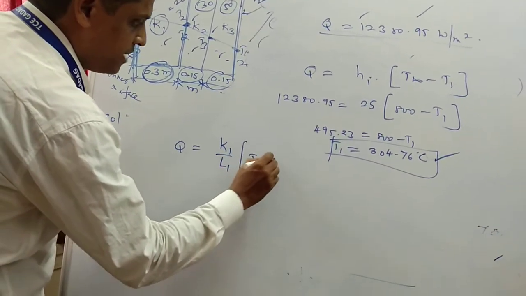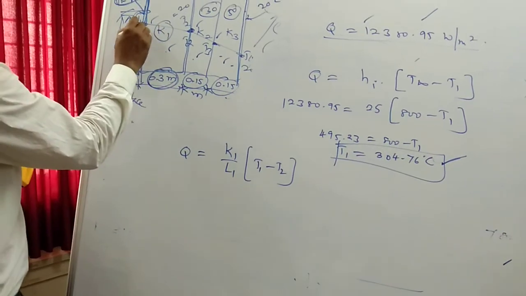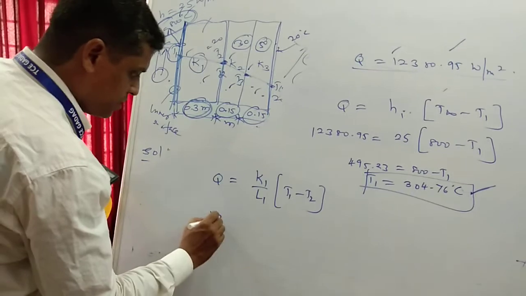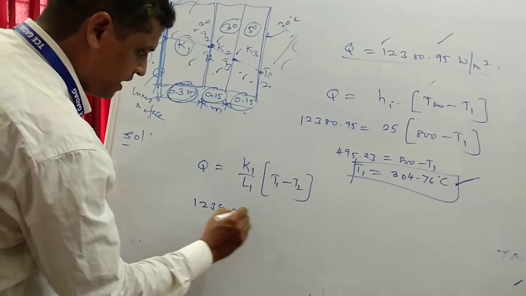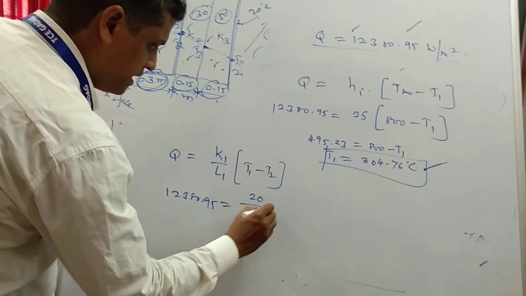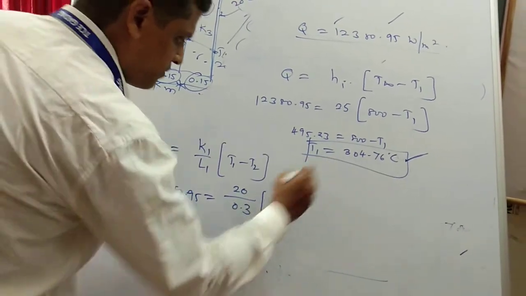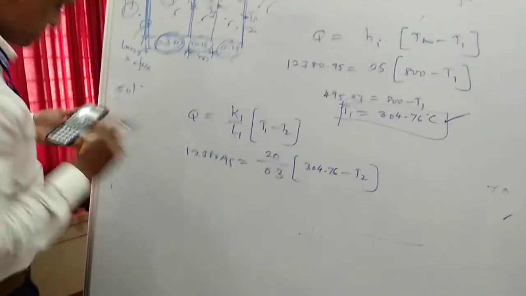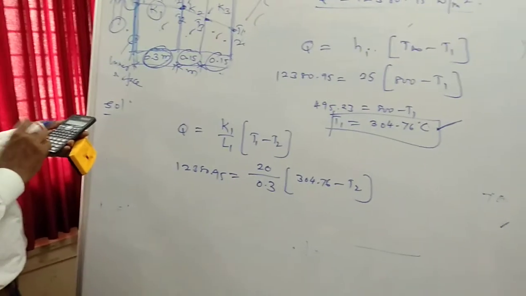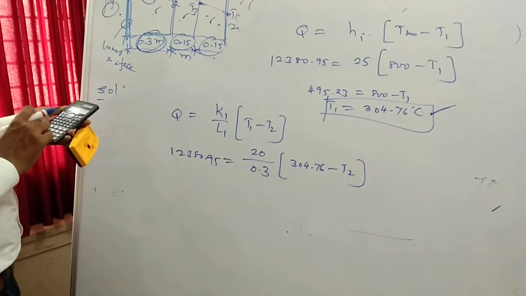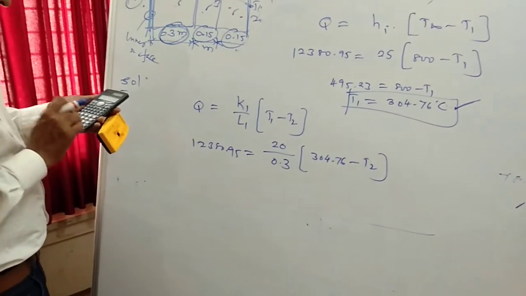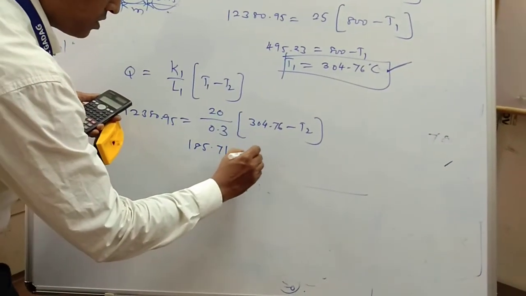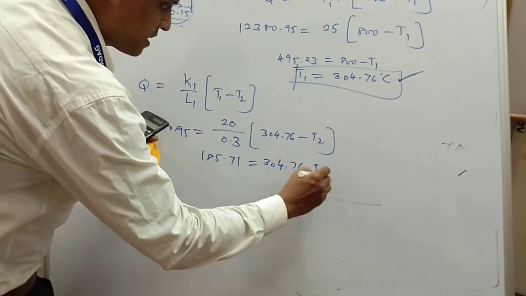that is K1 by L1 into T1 minus T2. I will consider T1 to T2. K1 by L1 into T1 minus T2. Q is 12,380.95 is equal to K1 given is 20, L1 is 0.3, T1 we got just now 304.76 minus T2. If you calculate 12,380.95 into 0.3 divided by 20, we will get here 185.71 is equal to 304.76 minus T2.